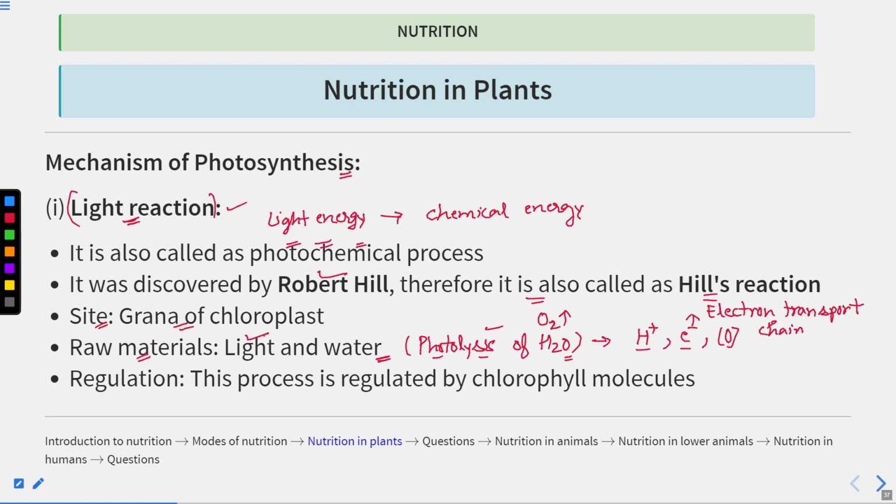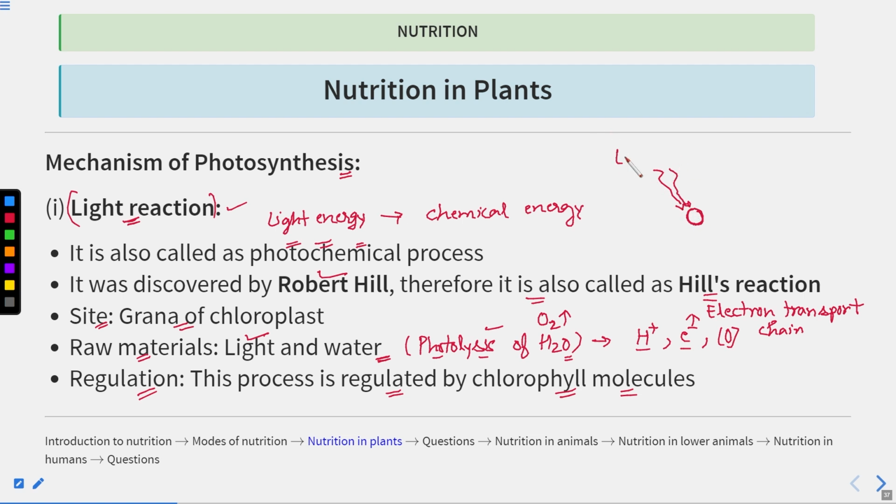Now, regulation. How is the regulation of the light reaction done? This process is regulated by the chlorophyll molecules. What happens? The chlorophyll molecules absorb the light, and then they get excited and release the electron. Suppose this is the chlorophyll molecule. It will absorb the incident light.